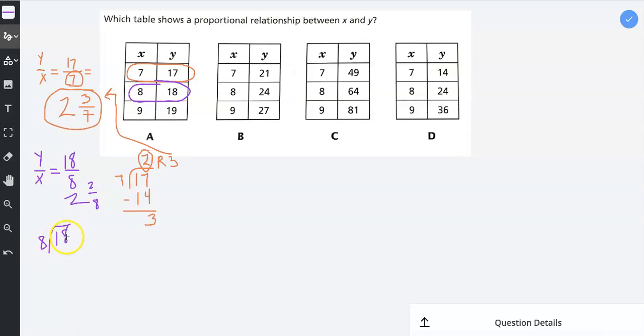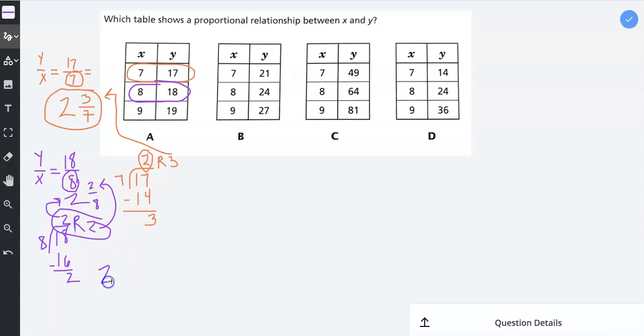Let me show you. 8 goes into 18 2 times. 2 times 8 is 16. You subtract and get a remainder of 2. So I would use this 2 remainder 2 to write this. The 2 would become this larger 2. The remainder becomes the numerator, and the denominator 8 stays the same, so we get the 8.